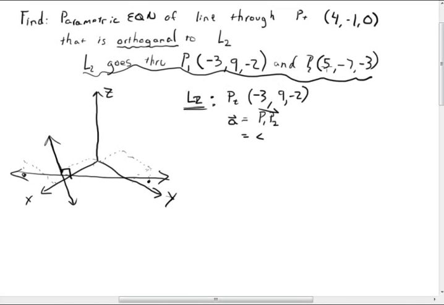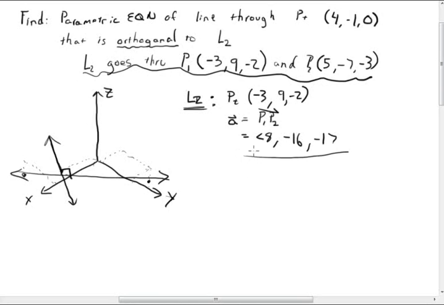So that would be 5 minus -3, which is 8; -7 minus 9, which is -16; and -3 minus -2, which is -1. So here is our vector.